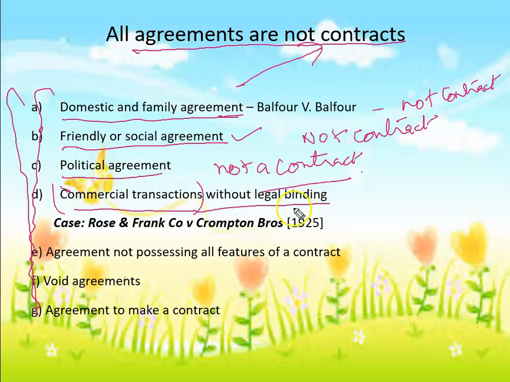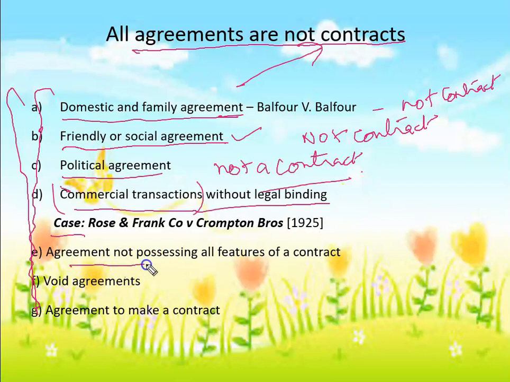Although in practice it never happens, it might be some exceptional case, which is given under this particular case, Doe's and Frank Company versus Crompton Brothers, right? So here in commercial transaction, you are making a business transaction, but you are intentionally not attaching any kind of legality to that. We call that a normal agreement only. It is not a contract.